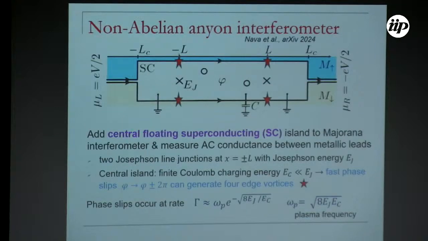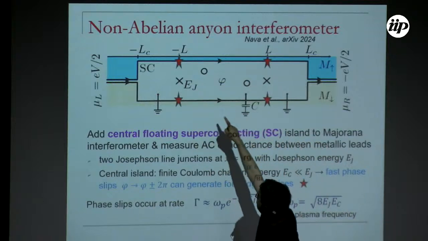So here is our device. It's basically just the previous Fu-Akhmerov interferometer. So you have leads on the left and right side. Then there is a superconducting region here.